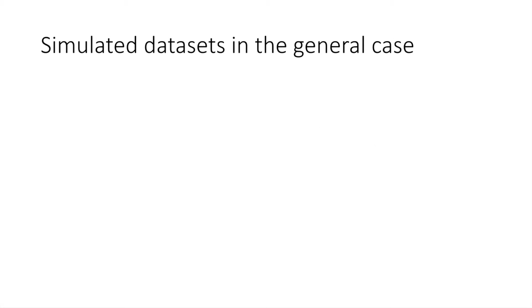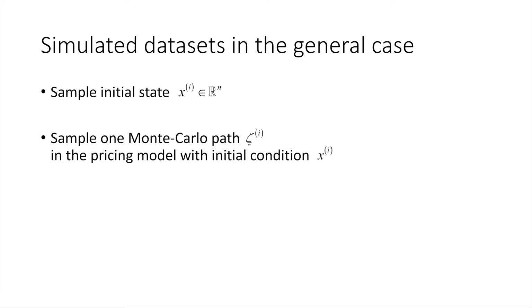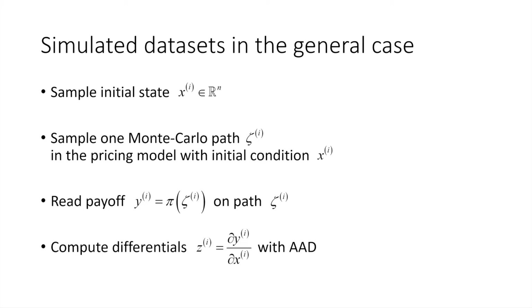So, in the general context of an arbitrary schedule of cash flows, like an exotic derivative or a trading book, and an arbitrary simulation model, we independently simulate training examples by first sampling the initial state xi, then sample one Monte-Carlo path in the pricing model with initial condition xi, read the payoff along this path and call it yi, and compute the gradient zi of yi with respect to xi with AAD.